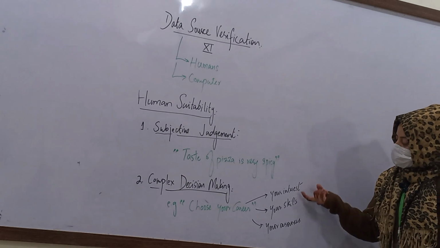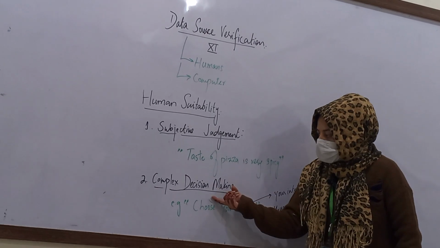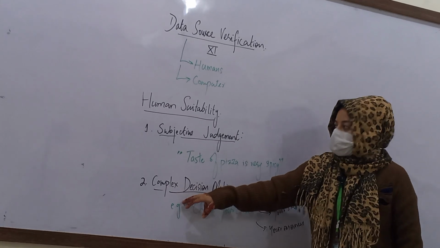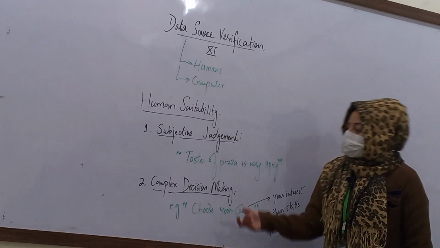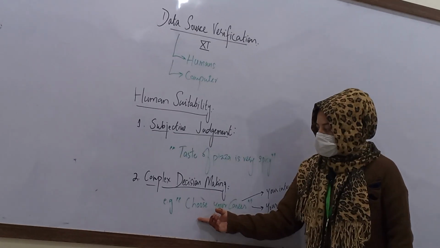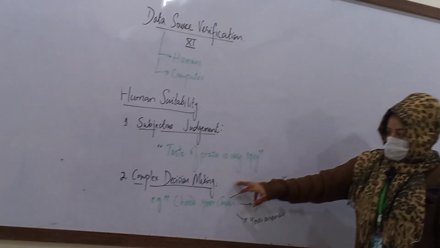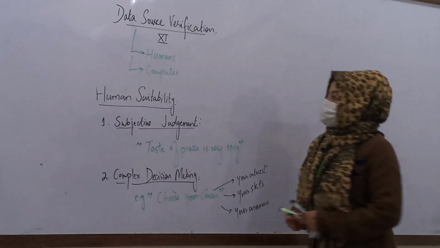So considering these things, it is very complex for a machine to decide on its own. A machine cannot make such decisions. For such decisions, a human is a more suitable choice. Right? So this is also an example where humans are more suitable as compared to computers.